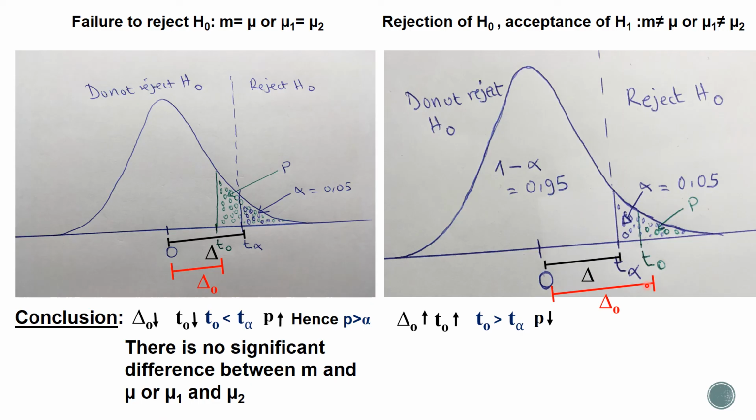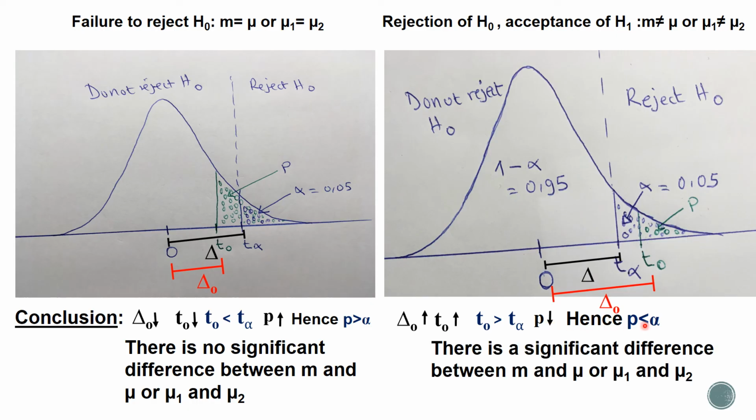Then since the observed statistical value is inversely proportional to the p-value, it means there's a lesser chance. That's to say if this difference is very large, then there's something that's actually responsible for this difference, other than the random sample error. So the probability of random sample error would decrease, that is p here, compared to alpha. So hence p will be less than alpha.